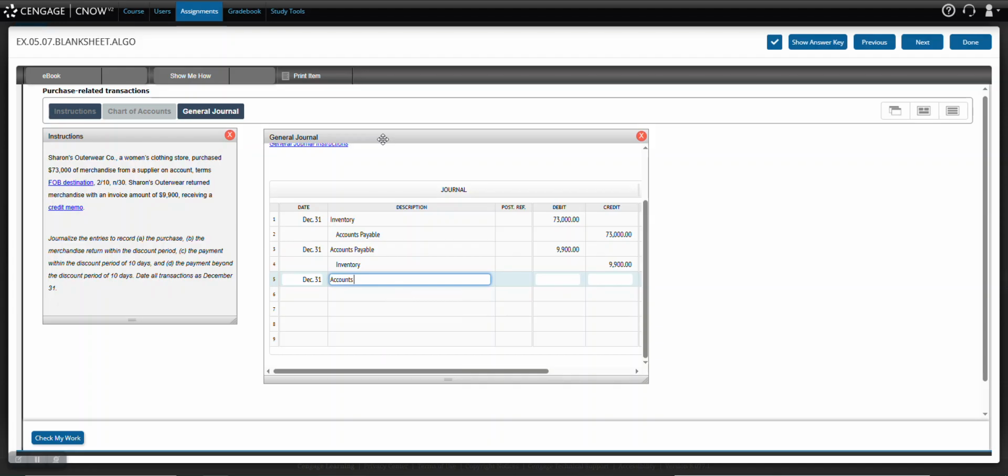So we're going to debit our accounts payable. I originally owed them $73,000, but then I reduced what I owed them by $9,900. So I have an outstanding liability to them currently of $63,100. That's how much I currently owe them.